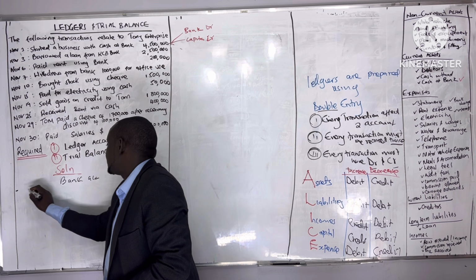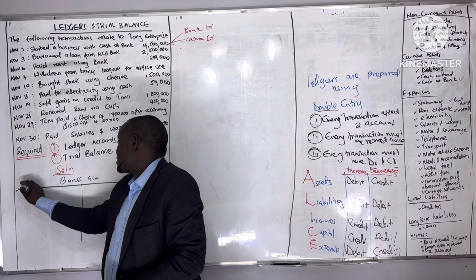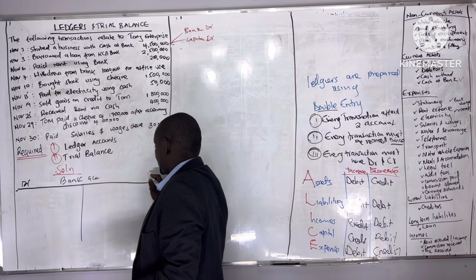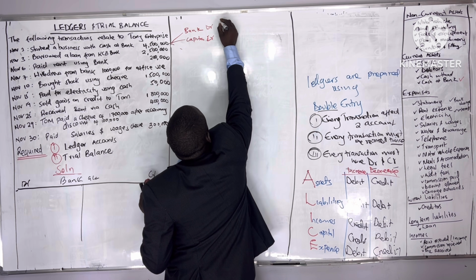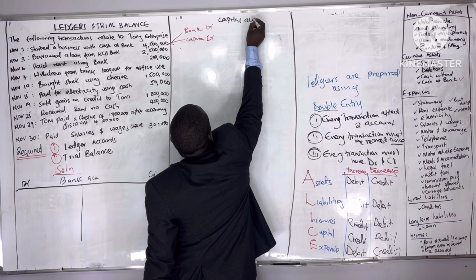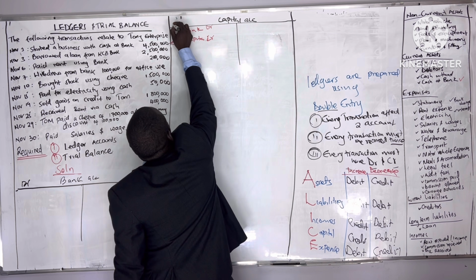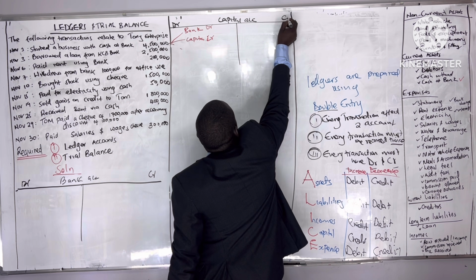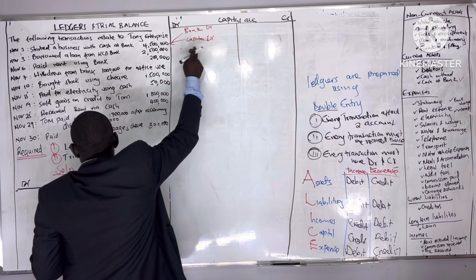Here we have debit, here we have credit. Then I will have my capital here, with debit and credit. So we are told to debit bank, credit capital.